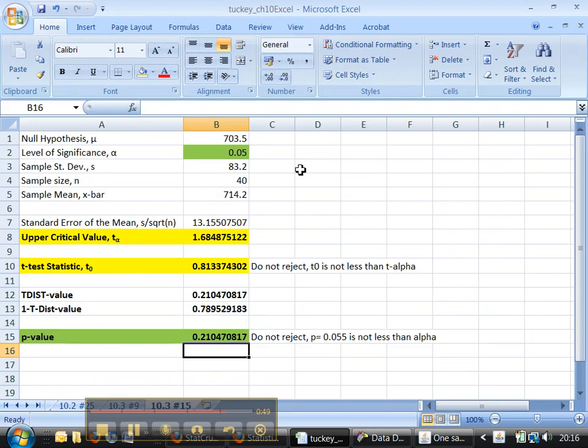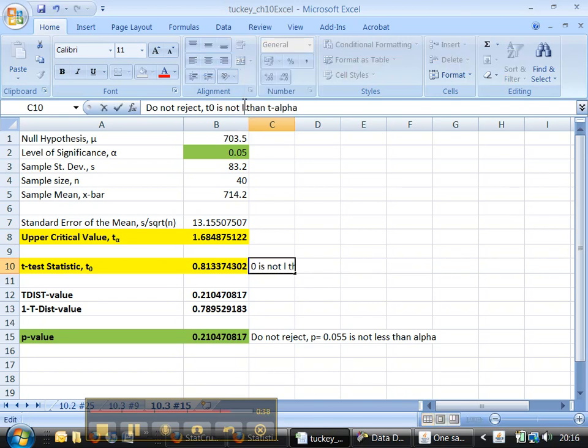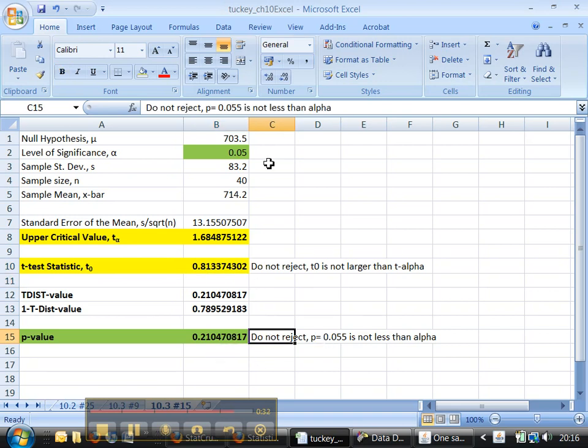And again, with this problem, we are not going to reject because this number, right, 0.8 is not bigger than, not less than, but bigger than, right? It's not larger than T alpha. Or because the p-value, which is 0.21, is not less than alpha.